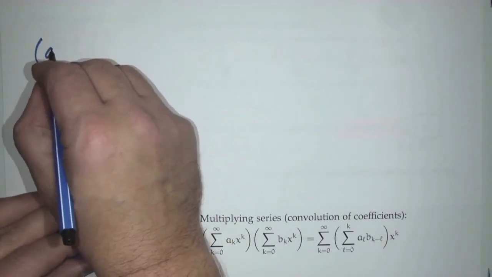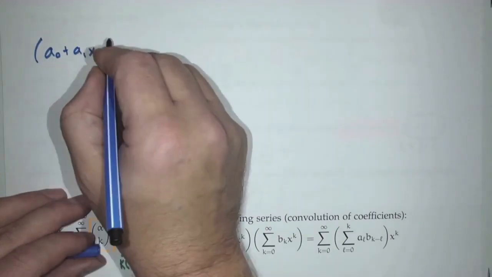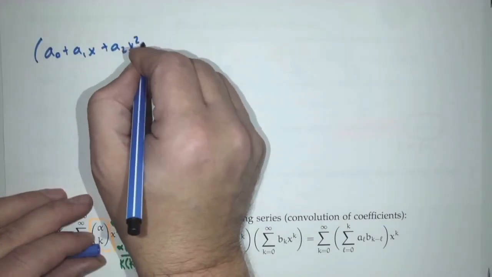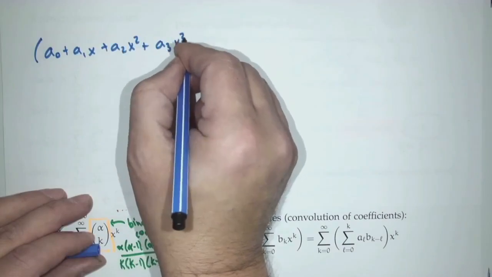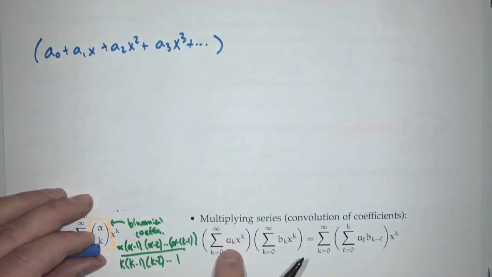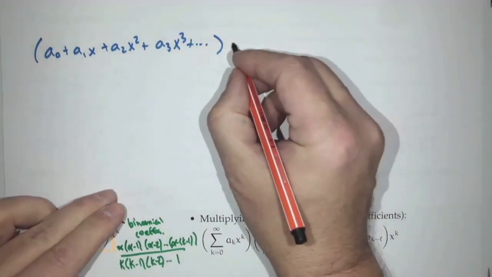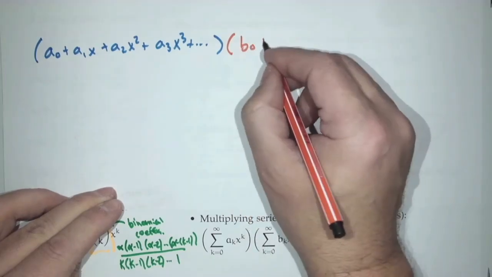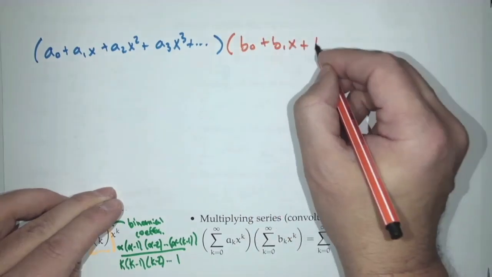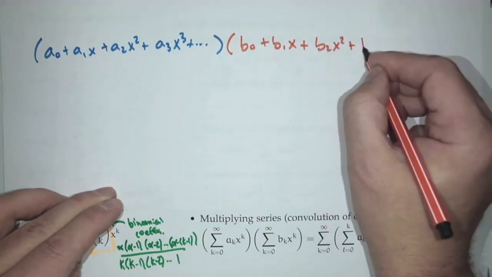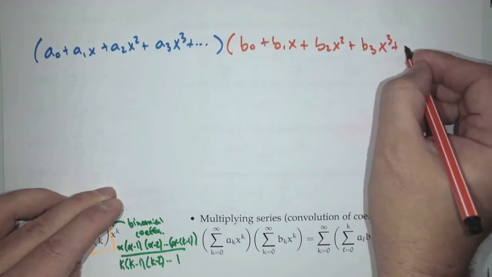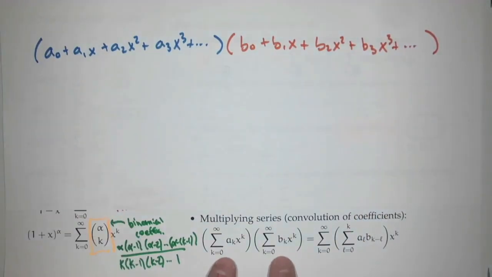We're saying we have a0, a1x, a2x squared, a3x cubed, and so forth. And on the other hand, we have this other piece: b0, b1x, b2x squared, b3x cubed, and so forth. So that's what these things are.